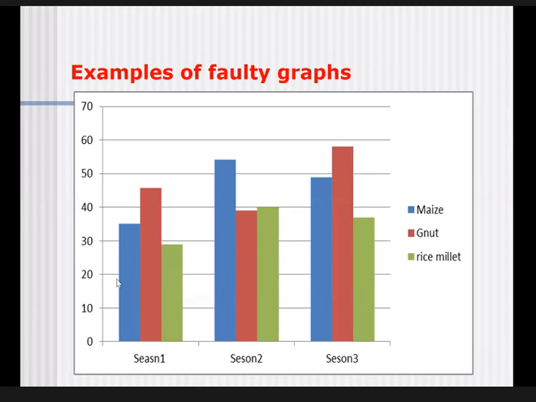So you just arrange only one, and the others will follow suit. If you have a spreadsheet with this data and you arrange it based on this first season, the others will follow that order.